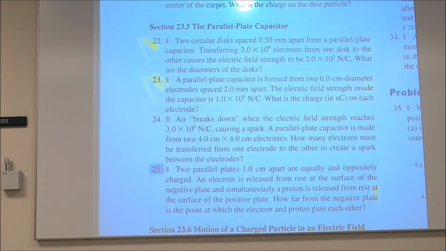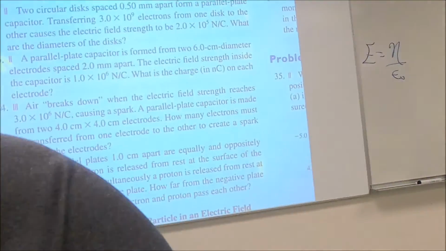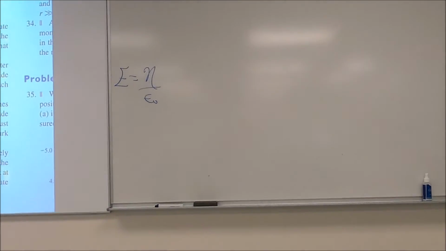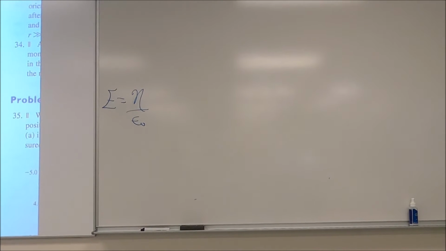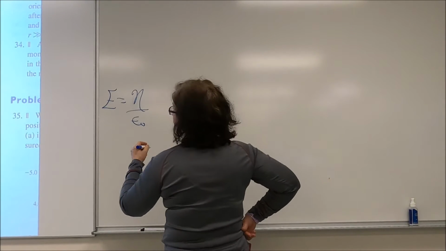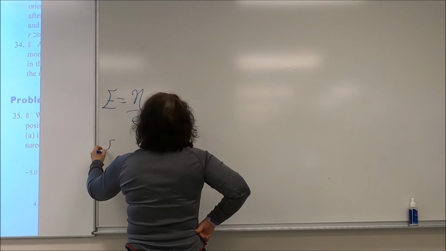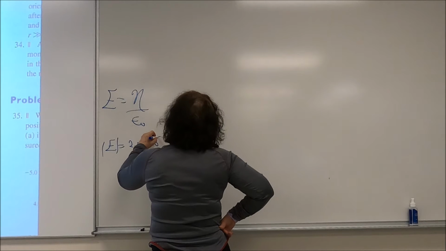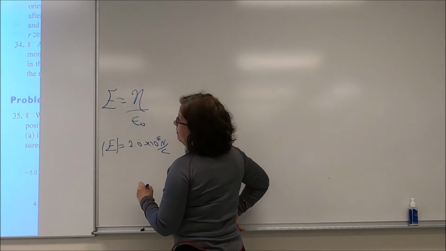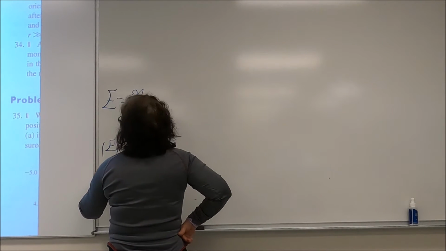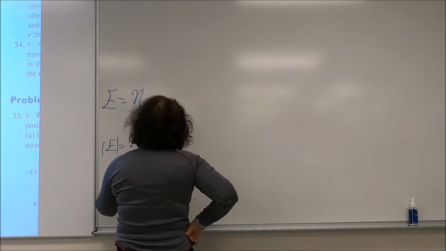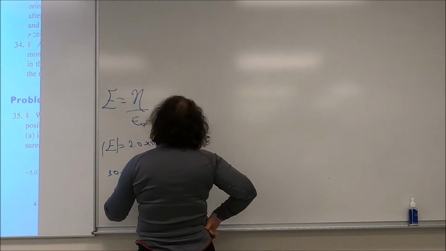Okay, so we know that E equals eta over epsilon 0, and we know the value of E here, magnitude-wise, is 2.0 times 10 to the 6 newtons per coulomb. And we know that we have 3.0 times 10 to the 9 electrons transferred.